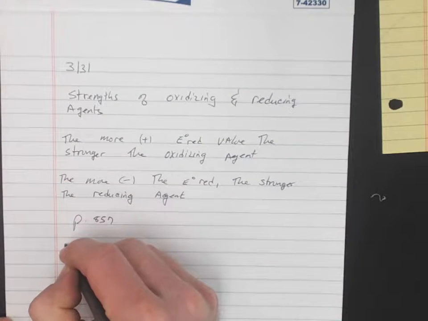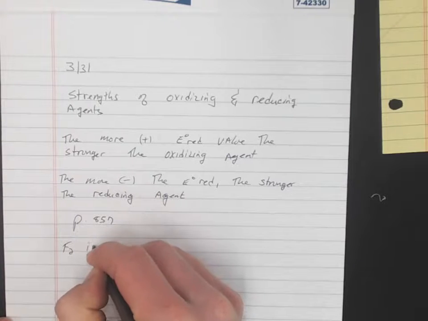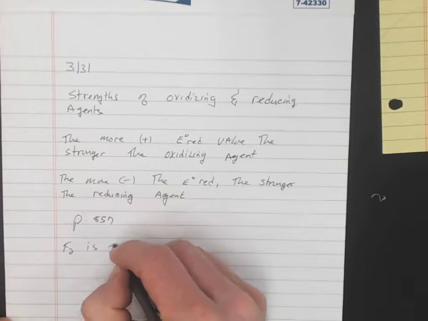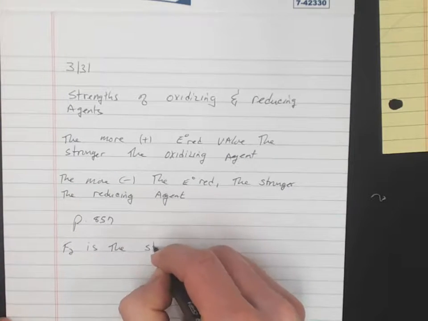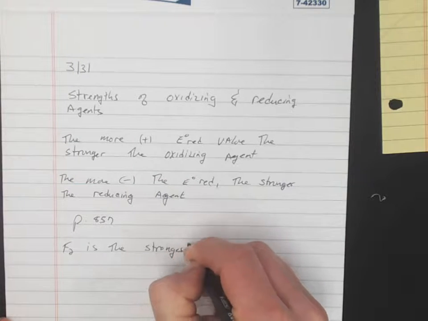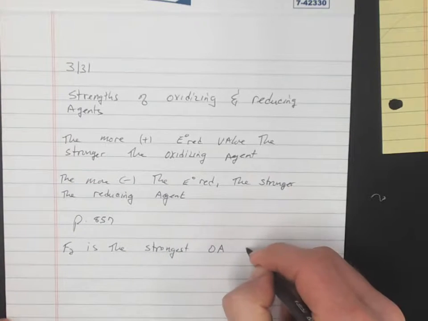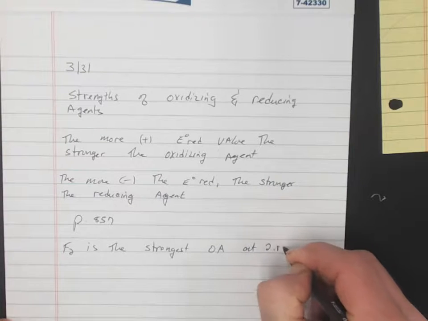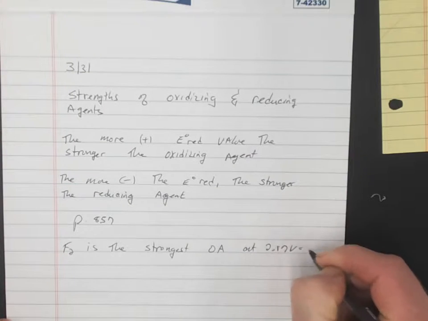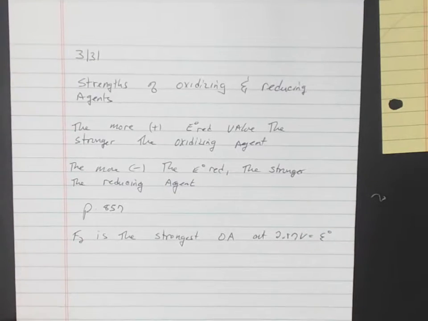So, we would say here that F2 is the strongest oxidizing agent at 2.87 volts.